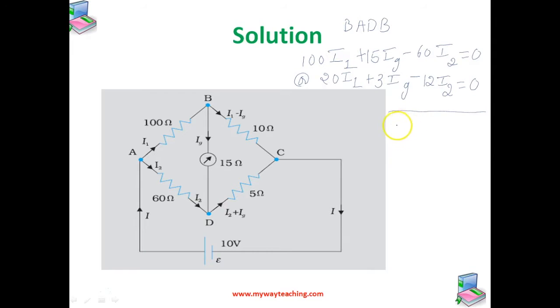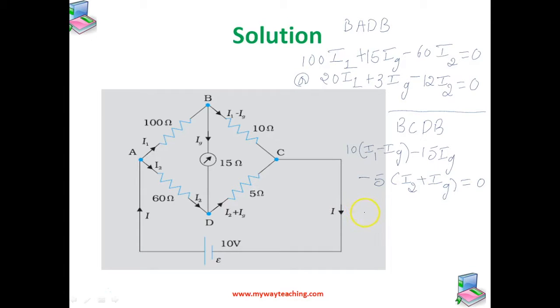Now considering the mesh BCDB, we can get the equation 10 I1 minus 15 IG, moving like this, BCDB, minus 5 times I2 plus IG is equal to 0.